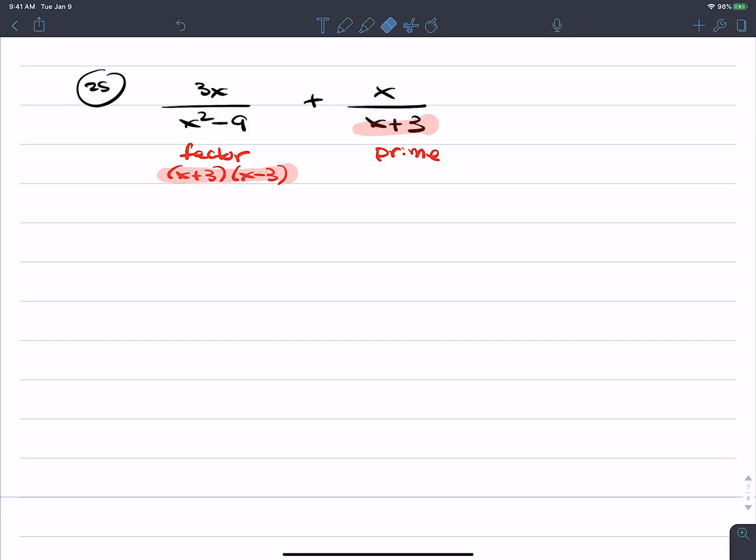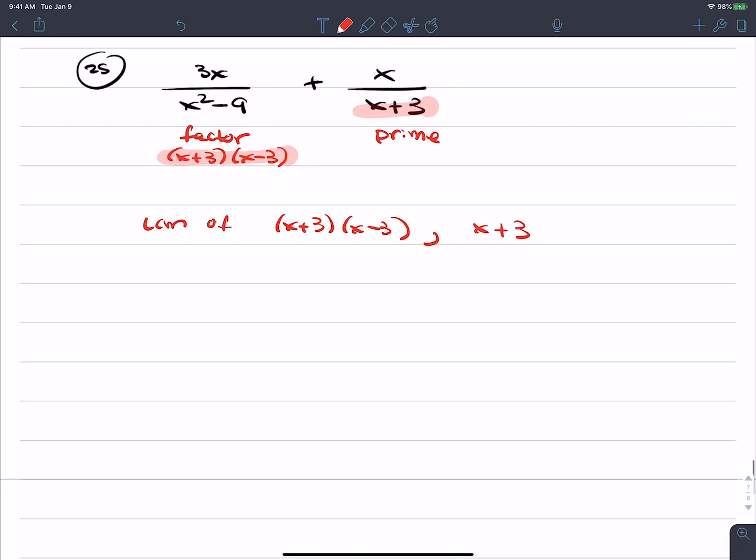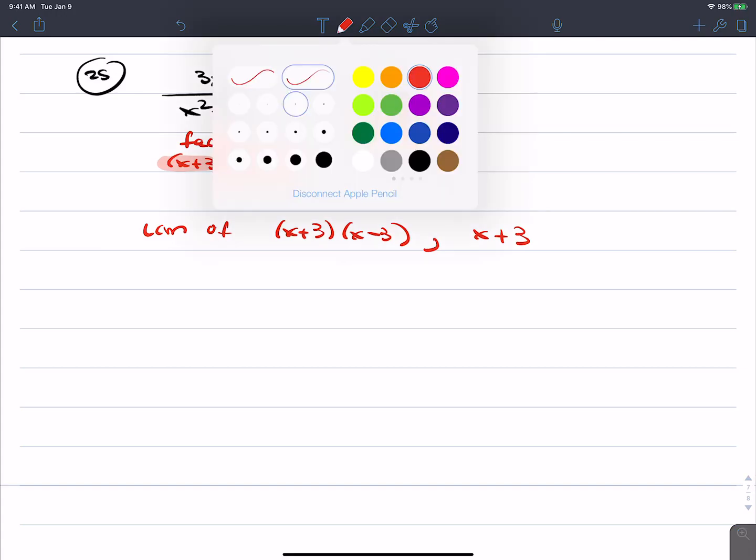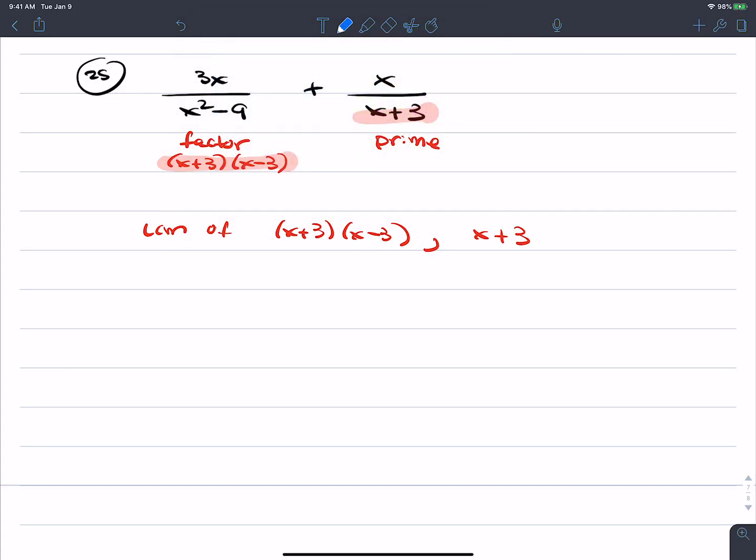So we can think of this as, since we need the LCM, of x plus 3 times x minus 3 and an x plus 3 here. In terms of the ideas we looked at in the LCM video or in class, we can call this x plus 3 a prime.